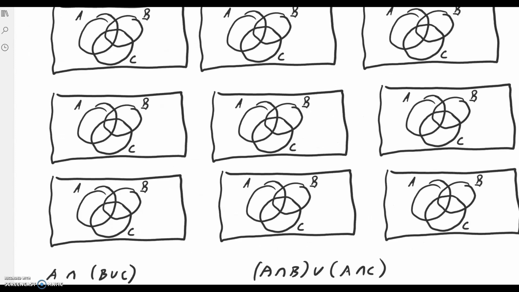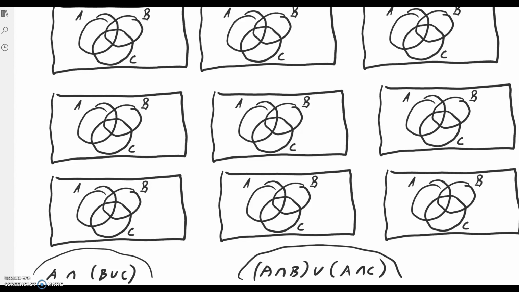The second really important idea in section 2.4 is to use Venn diagrams to get a handle on compound statements like this one and this one, to see what they mean, and in this case to see if they mean the same exact thing. So I put a whole bunch of empty Venn diagrams up here so that we could work.